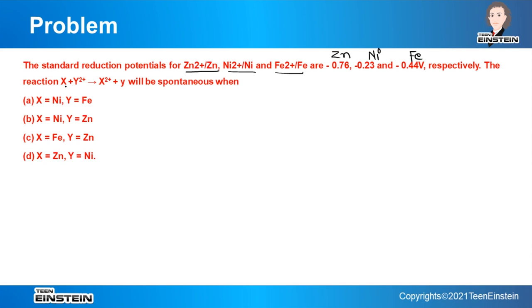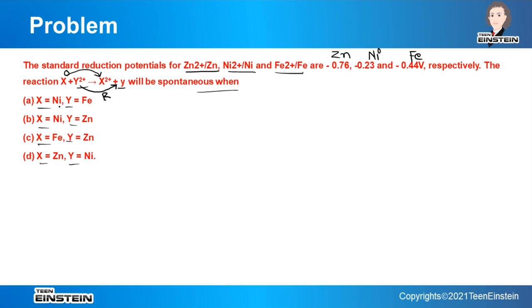Now the reaction X plus Y2+ converted to X2+ and Y means the Y2+ species is reduced to Y, and X is oxidized. This is oxidation, this is reduction. So we have to predict when this reaction will be spontaneous for the different X, Y systems given in options A, B, C, D.